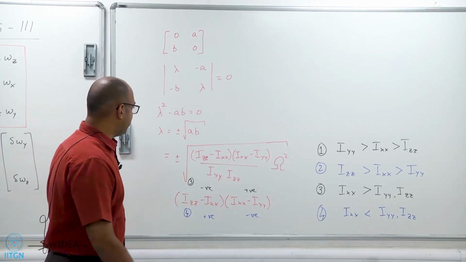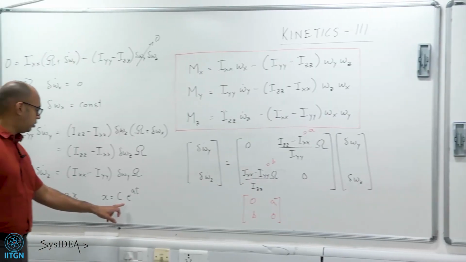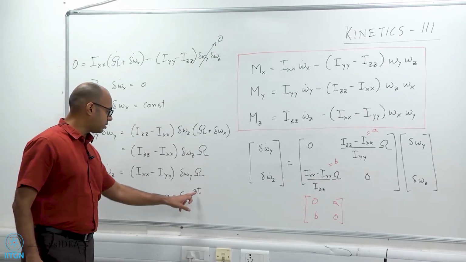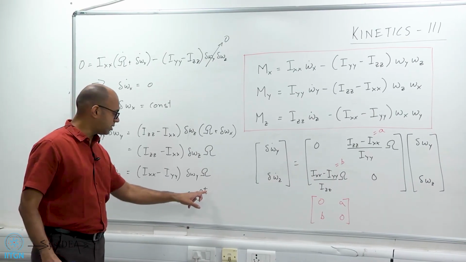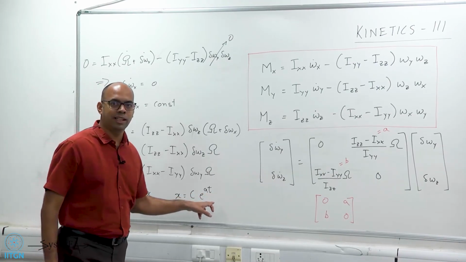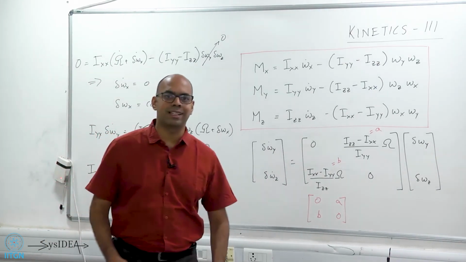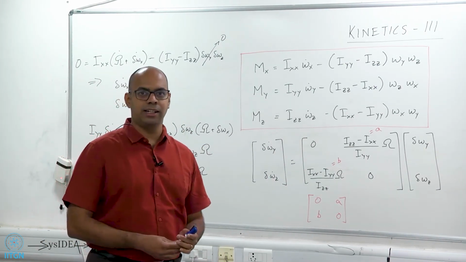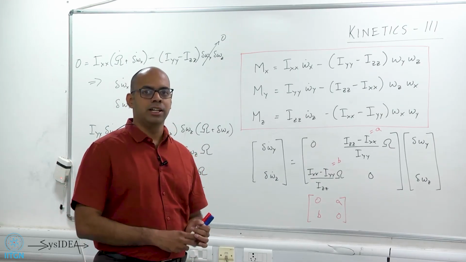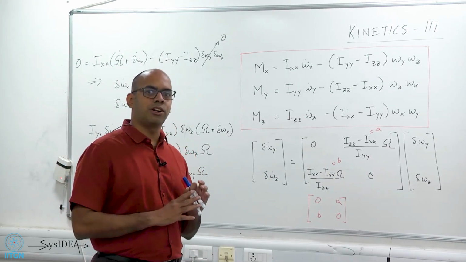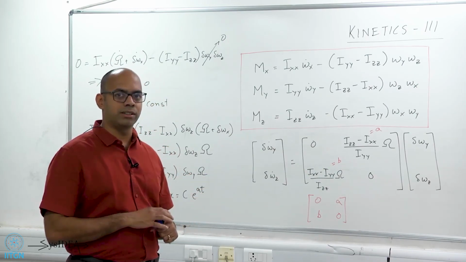And what that means is your solution will look like exponents of imaginary numbers multiplied by time, and you know that essentially looks like sine terms and cosine terms. So, there will be some oscillations, but it will not grow with time, it remains bounded.